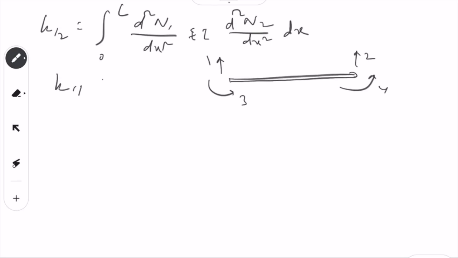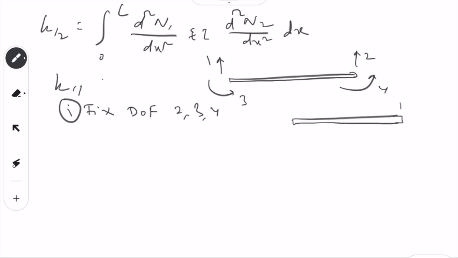What you are doing is fixing degrees of freedom 2, 3 and 4. Fixing 3 means the slope will be 0, so you maintain slope equal to 0 here as well.